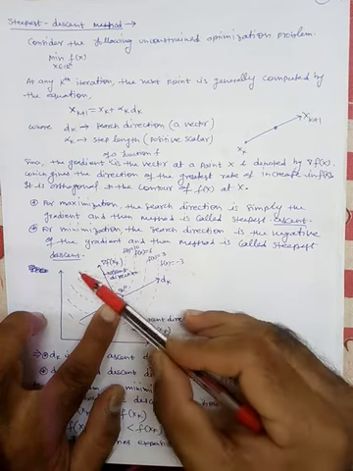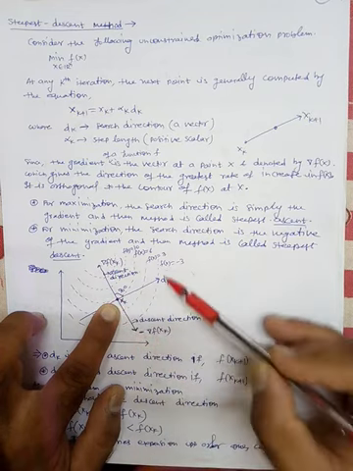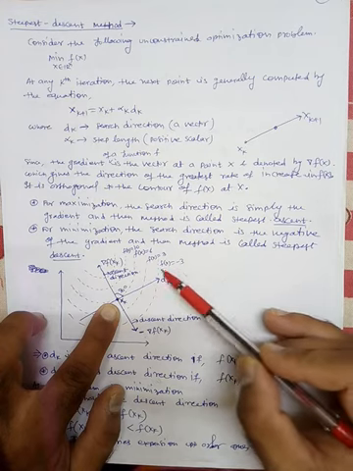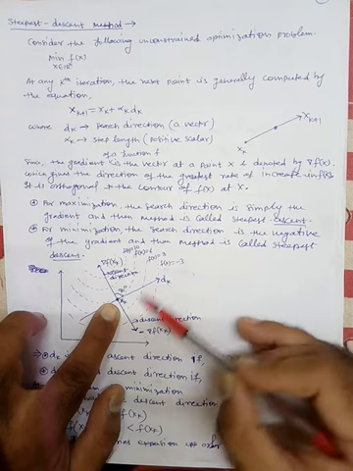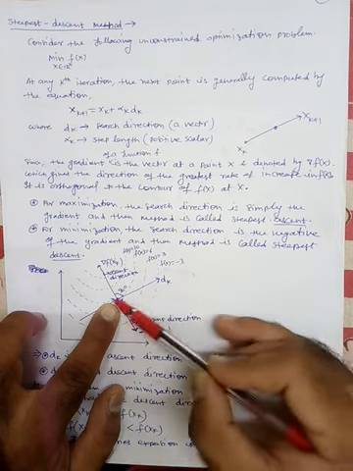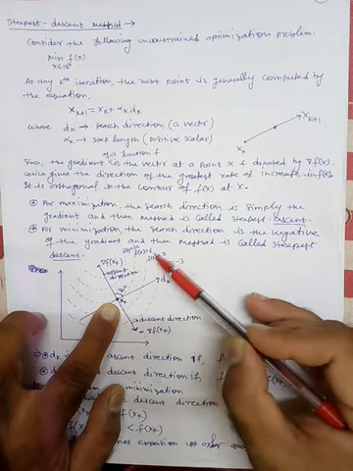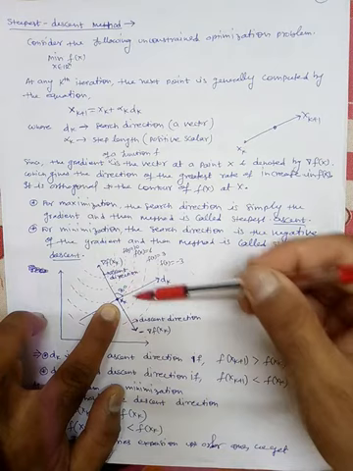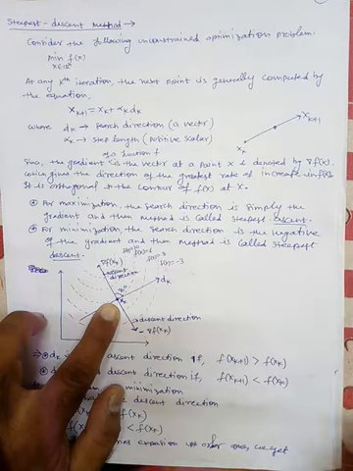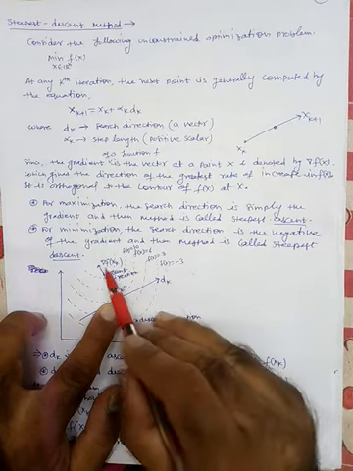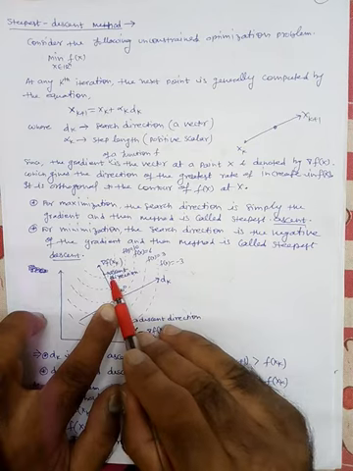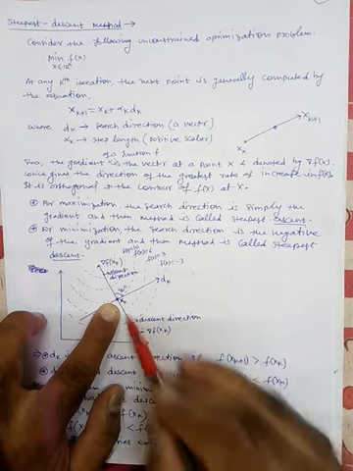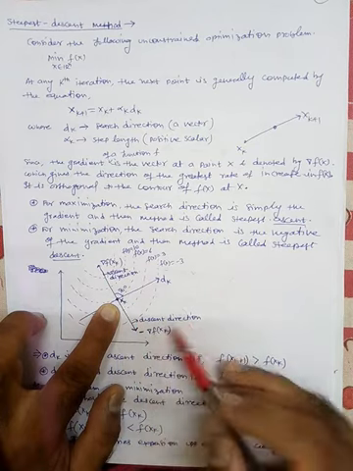If you look at the values of the function, suppose on one contour f of x is minus 3, here f of x is 3, and on the next contour the functional value is 6. So obviously in this direction functional value increases, and in this direction functional value decreases. That's why this gradient f of xk is basically the ascent direction, and this will be the descent direction.